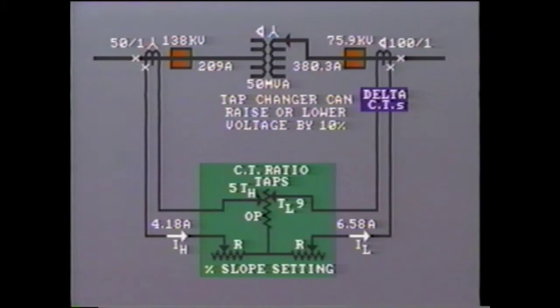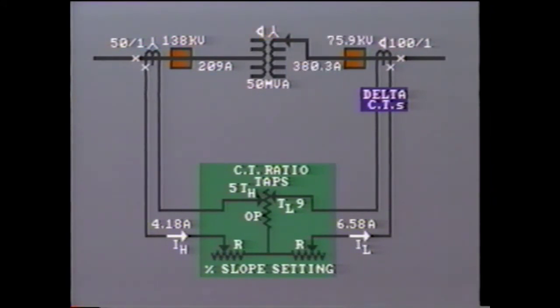On the upper tap, that would be 75.9 kV. Line current in the secondary would now be 50,000 divided by root 3 times 75.9, which equals 380.3 amps. The secondary current in the restraint winding would now be 380.3 divided by 100 times root 3, or 6.58 amps.